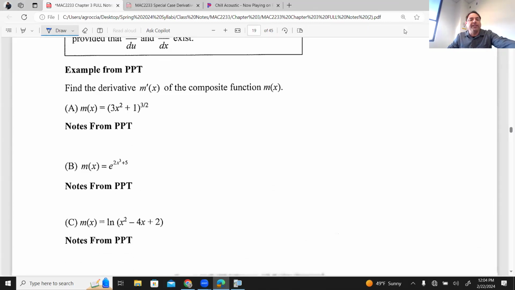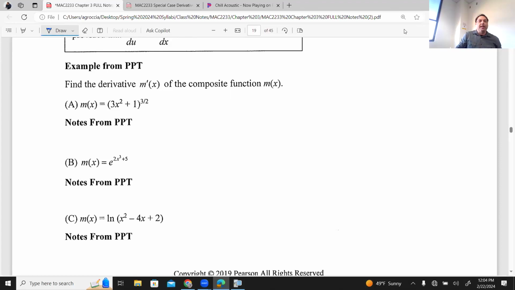So I'm going to give you 3 examples to try. And you're going to think of it as chain rule, special case, which is totally fine. And just think of it as overall practice. So the first one's going to be (3x squared plus 1) raised to the 3 over 2. Take the derivative of that.